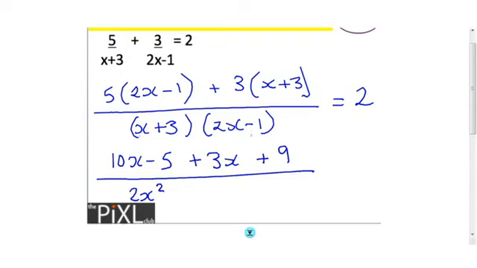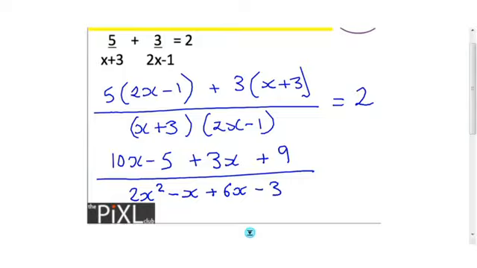X multiplied by negative 1 is minus 1x, which is just x. Then we have our 3 that we must multiply by both terms in the second bracket. So 3 multiplied by 2x is add 6x. And the last term, 3 multiplied by negative 1 is negative 3.